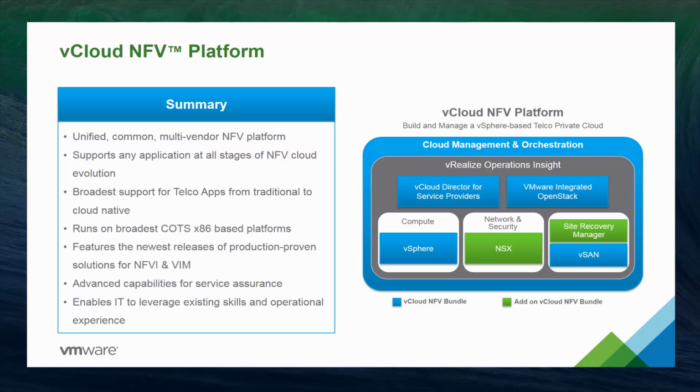The vCloud NFV platform supports more than 40 virtual network functions from 30 different VNF vendors, the most of any solution on the market. The platform enables IT to leverage existing skills and operational experience with VMware virtualization, and provides a faster and smoother implementation and ongoing management of telco clouds. So again, NFV is more for those communication service providers, a very select, specific type of service provider that is more based around providing communications capabilities from the cloud.